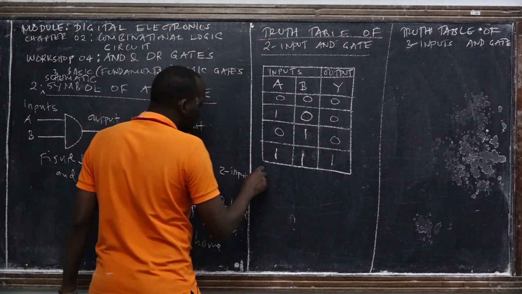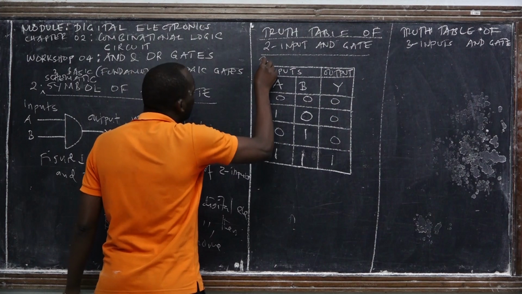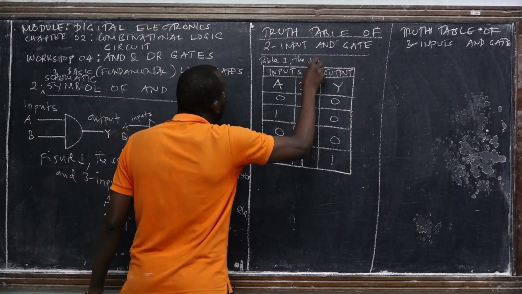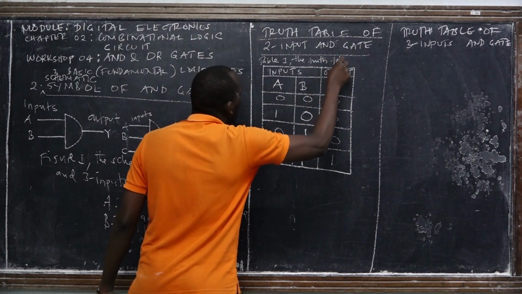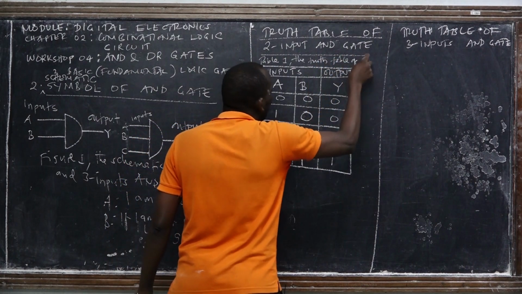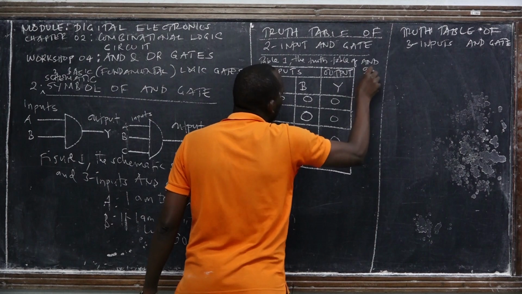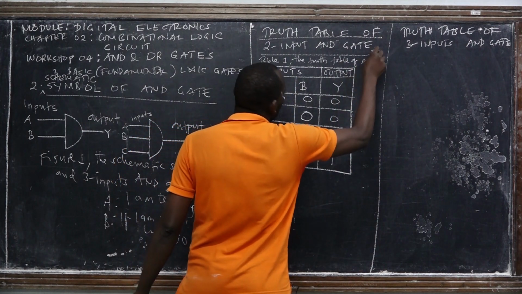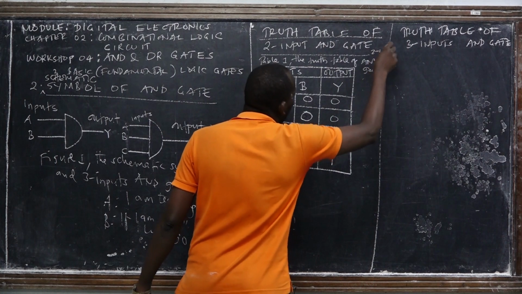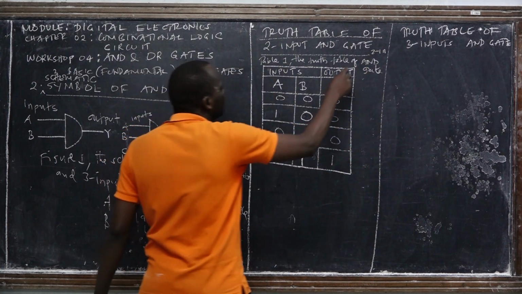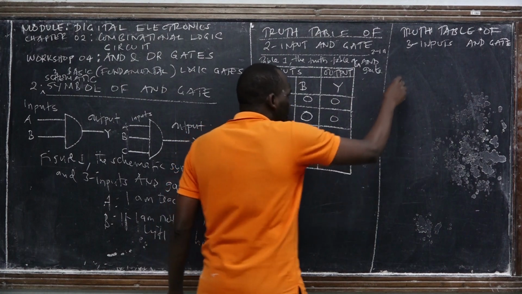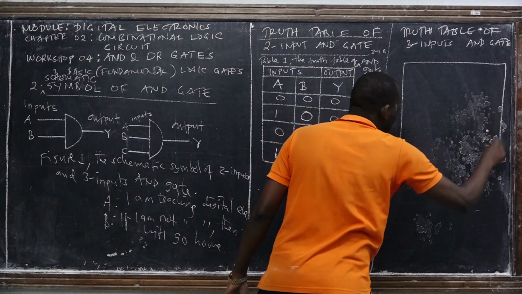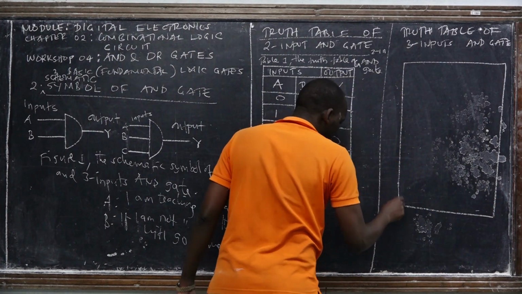Then this is the table. We call it table 1, the truth table of the two-input AND gate. For the AND gate with 3 inputs, let us draw that. This is the table.